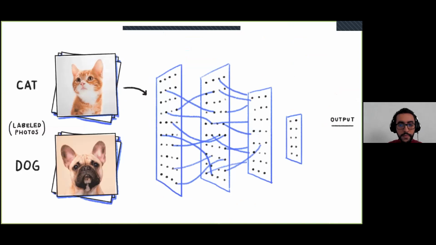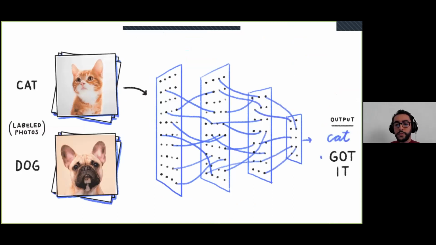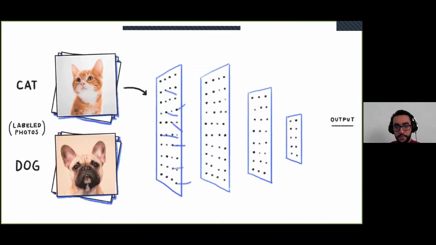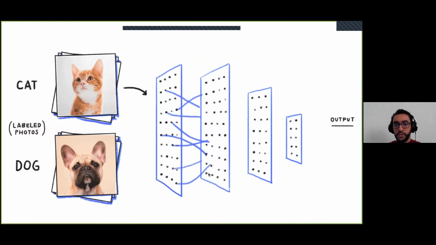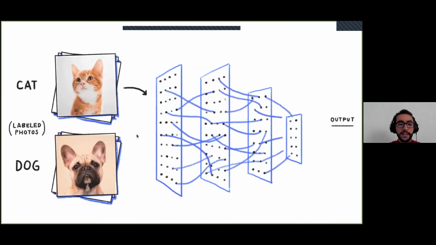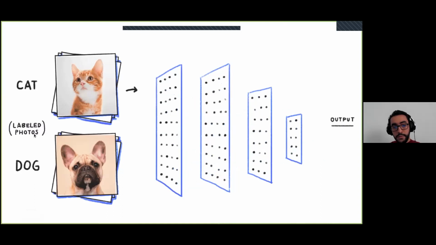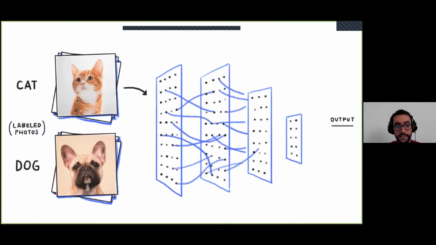So this is just an example of a supervised learning algorithm. Here, it's actually based on an algorithm called convolutional neural network, but I just like this image just to show you the idea of doing a classification task. You do have a lot of labeled examples, for example, labeled photos here of cats and dogs, and you do give the labels yourself.